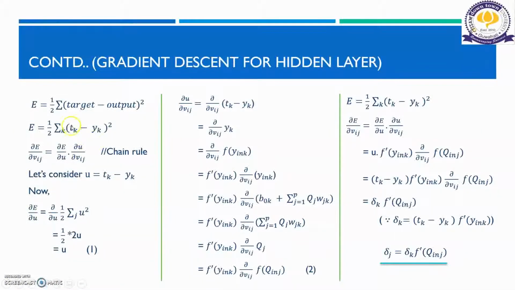We are already familiar with this equation of calculating error, just like in the output layer. Here also, same, using chain rule we can decompose the gradient descent of error term into this equation.